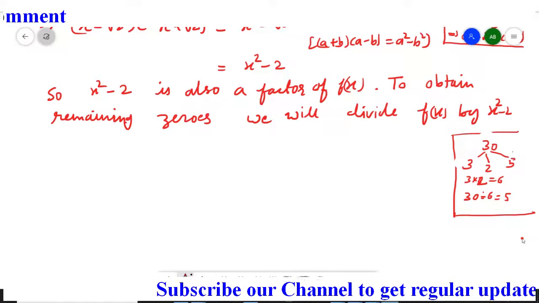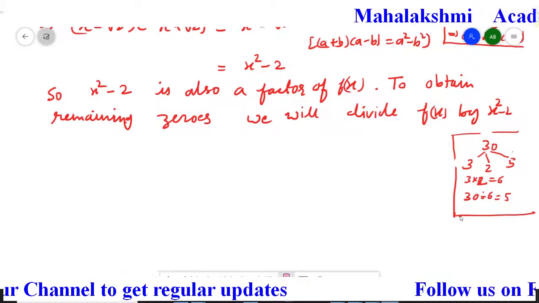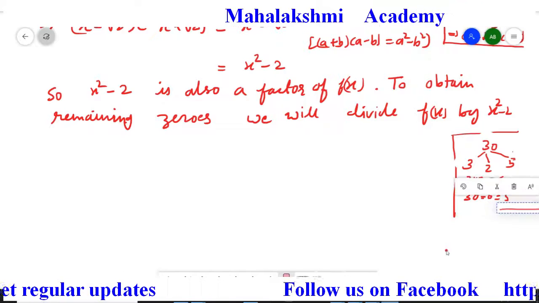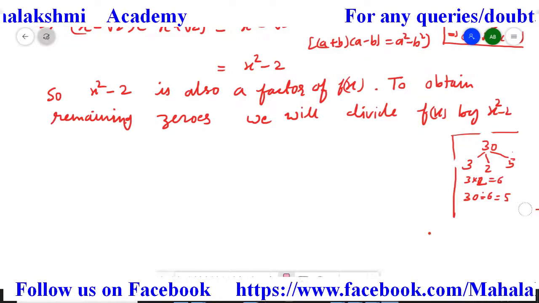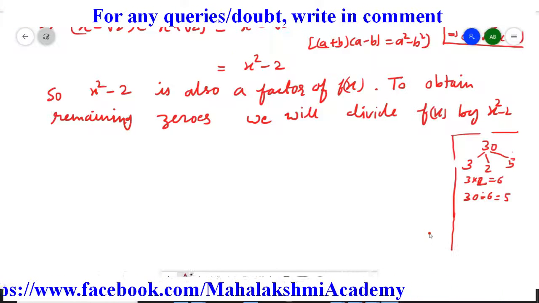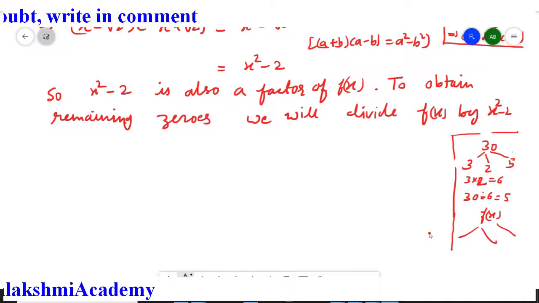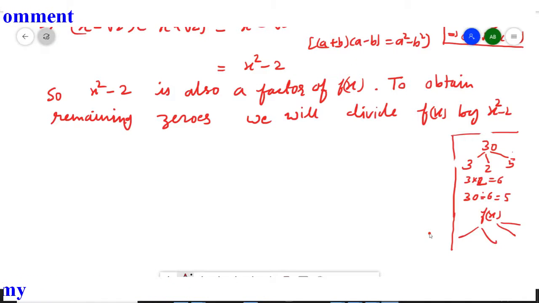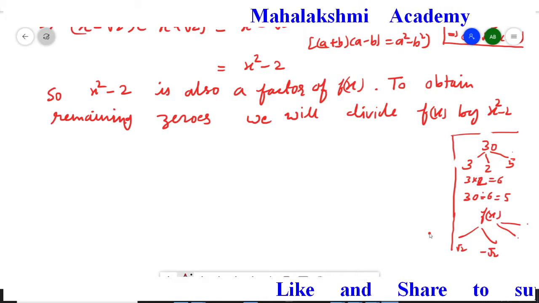In the same way, students, whatever your fx is, since the degree of fx is 4, there are 4 zeros. One is root 2, the other one is minus root 2. Now what are the remaining 2 zeros that we have to find out?